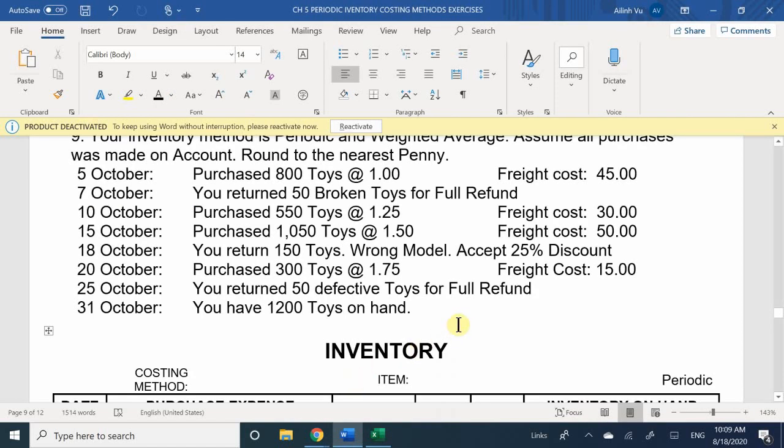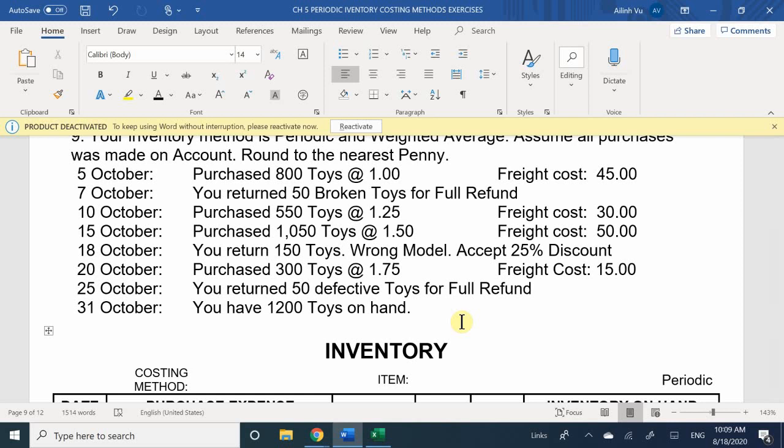And then what happened on the 18th? 150 toys are returned. But, however, what happened? Exactly, because they sent us the wrong toy.